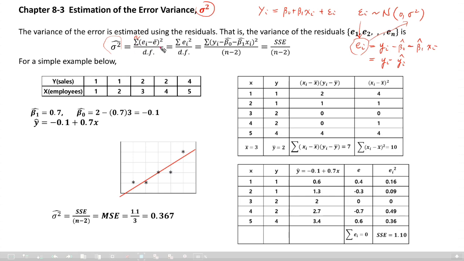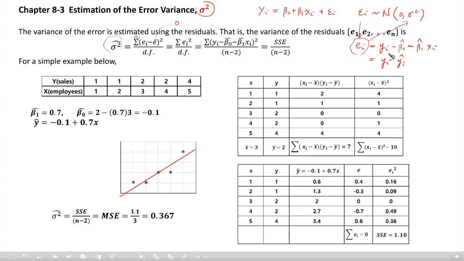For the simple case, a single random variable case, we divide by what? N minus 1 degrees of freedom. How about this case? The mean of error is always 0.